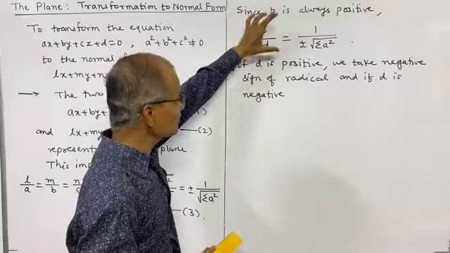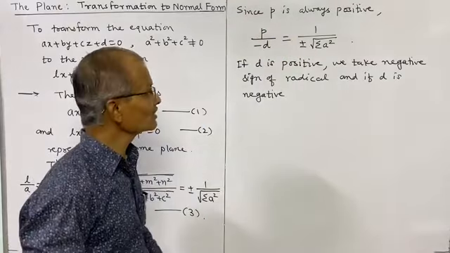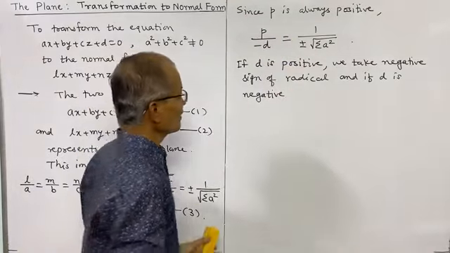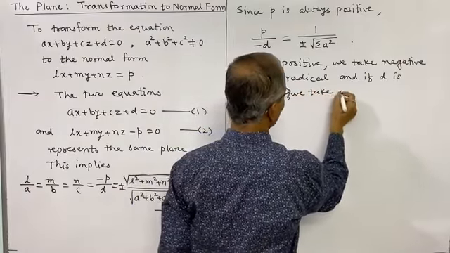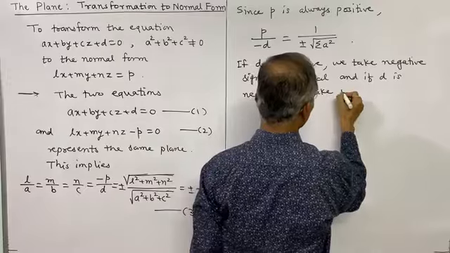So this side is positive, which means we have to take the same sign, that is the positive sign of the radical.